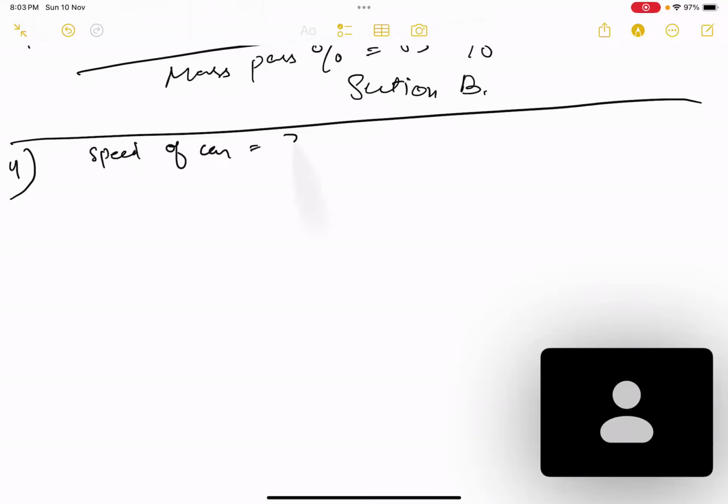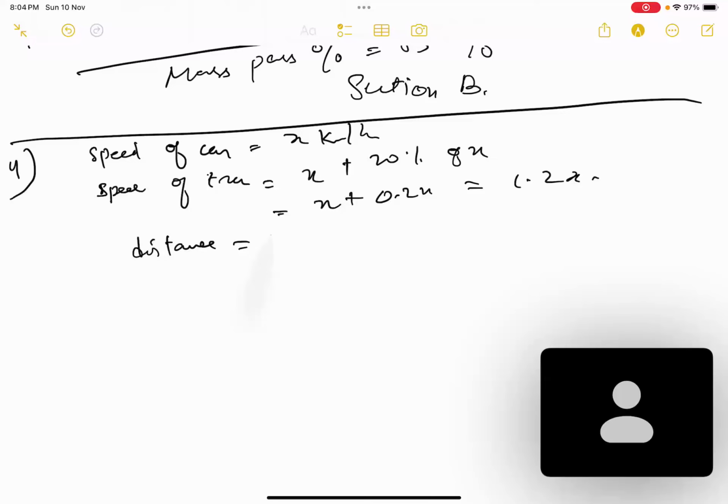The speed of the train is 20% more than the speed of the car, which means x plus 20% of x, which is x plus 0.2x, that is 1.2x. Again, the distance given is 150 kilometers.